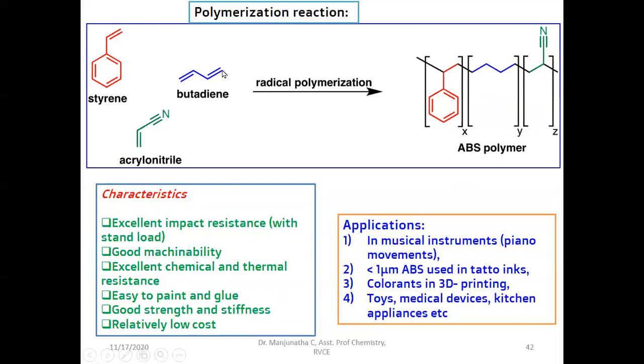The electron present in this carbon and the free electron present in this carbon atom form a double bond here. Please remember, there is a double bond missing over here. Then this electron combines with this, and similarly there is a breaking of this bond, and hence the formation of ABS polymer.